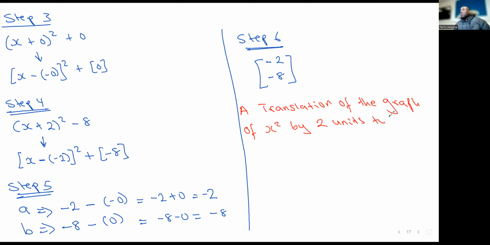So that means the translation of the graph of x squared by 2 units to the left. So you can say 2 units to the left, or you can say negative x direction. So it's the same thing, okay? I know some of you prefer the negative x direction. And 8 units what? Downwards.